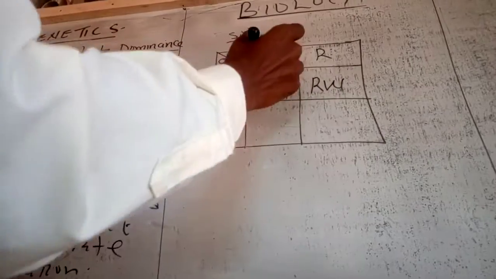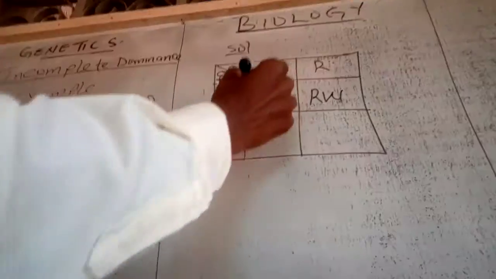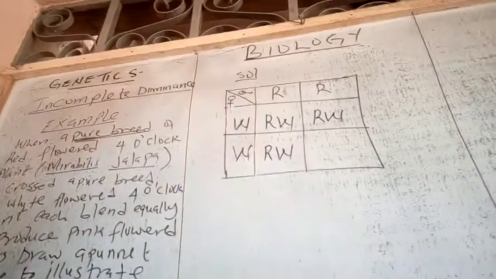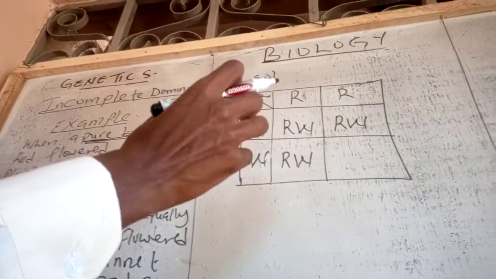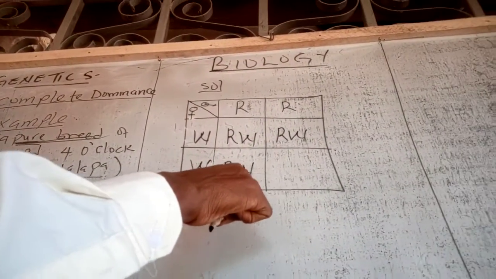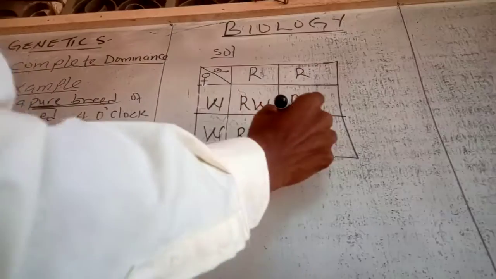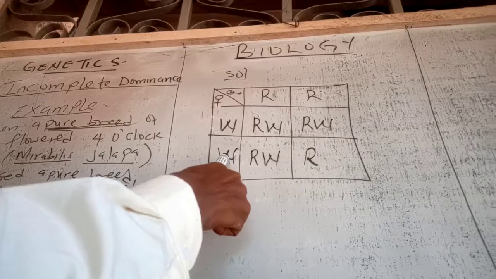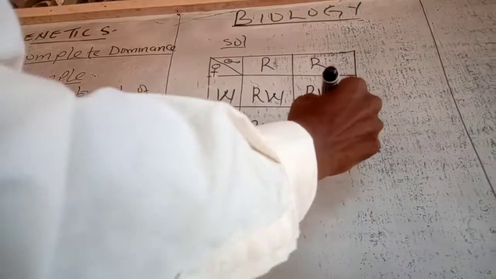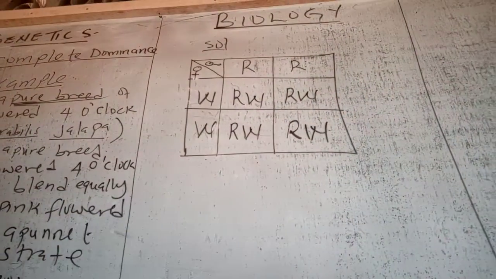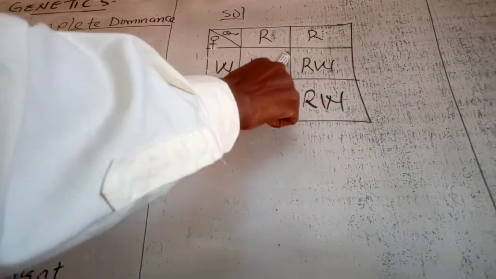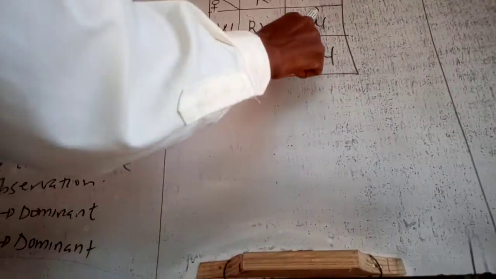The same applies to this one, R fuses with W, and finally R fuses randomly with W to form RW. These 4 represent the F1 offspring.